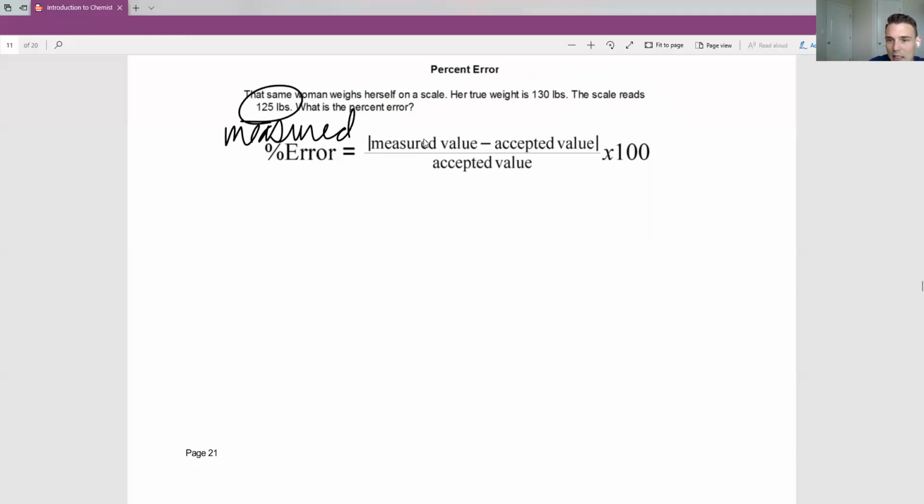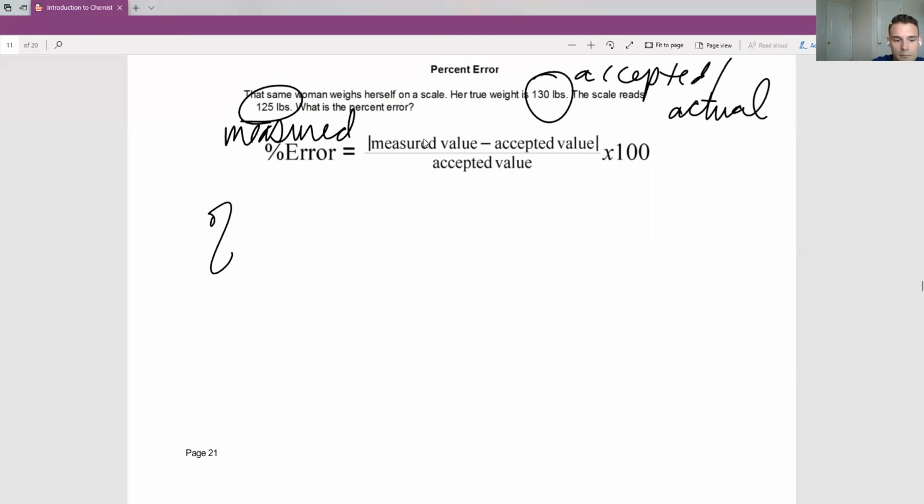And then the accepted would be 130, because that's what she actually is. Accepted, or what you could say actual. You might see measured minus actual, or it could be actual minus measured. Again, absolute value means the order does not matter. It's just important that the accepted value is on the bottom, and then you multiply it by 100.